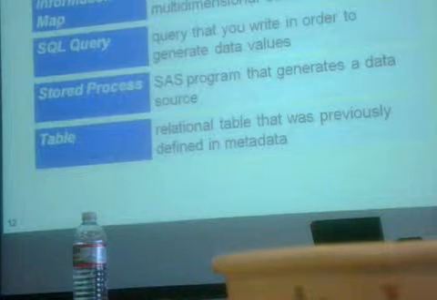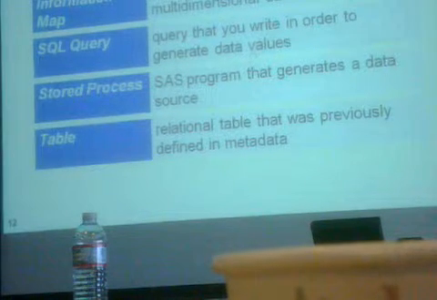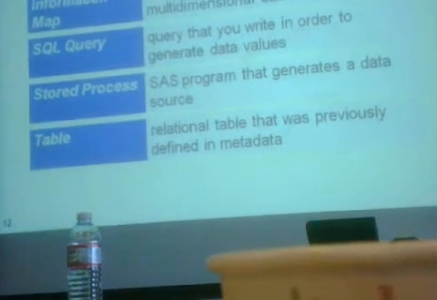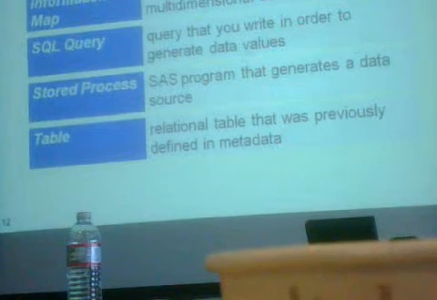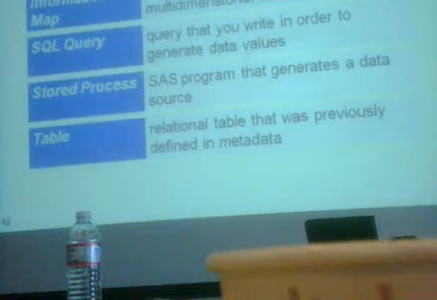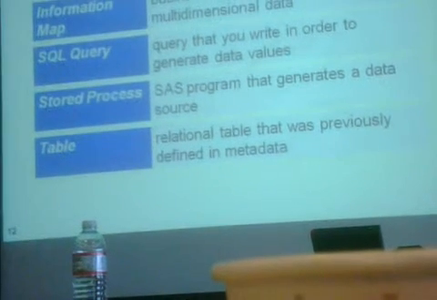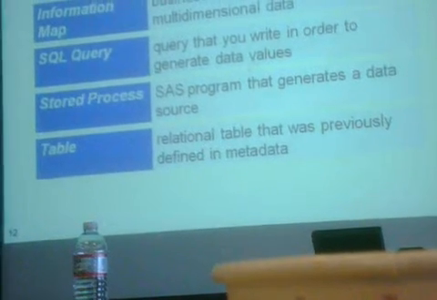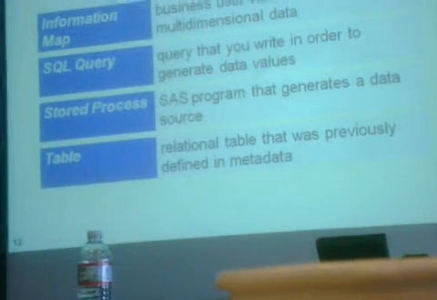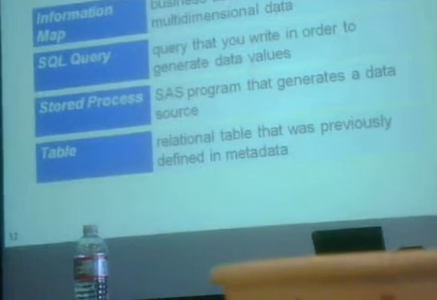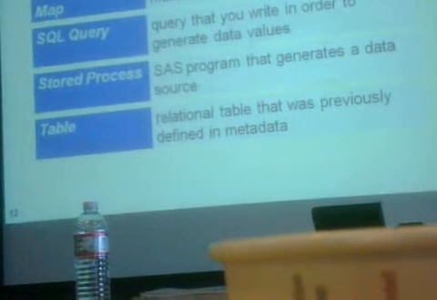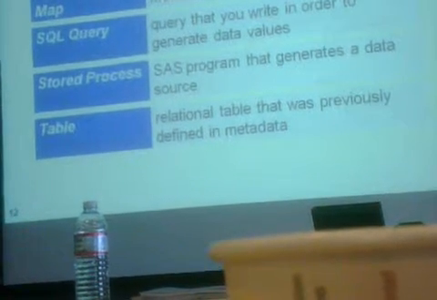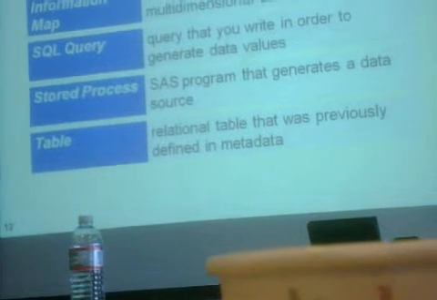If you know SQL, select star from table. Okay, you can create your own queries. You can actually write your own queries and use that as a source for a dashboard or for an indicator. It can be a stored process, SP, and it can be a registered table. So a table that is registered to the metadata server can also be used as the source.